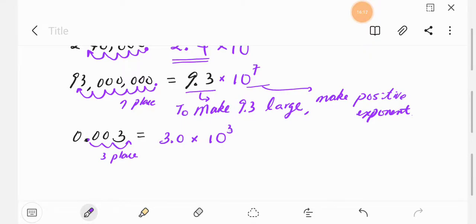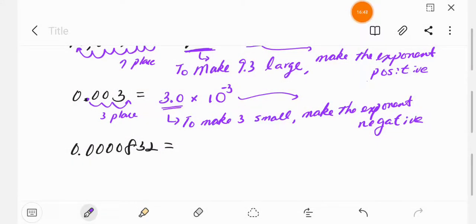So is it positive 3 or negative 3? This time, negative 3. Why? Because I want to make this number smaller, right? 0.003 is smaller than this number 3. So in order to make this number 3 smaller, the exponent has to be negative. So make the number smaller, then make the exponent negative. How about this number? In order to make this number large, then make the exponent positive.